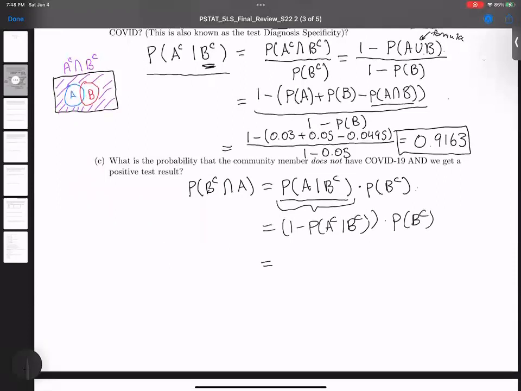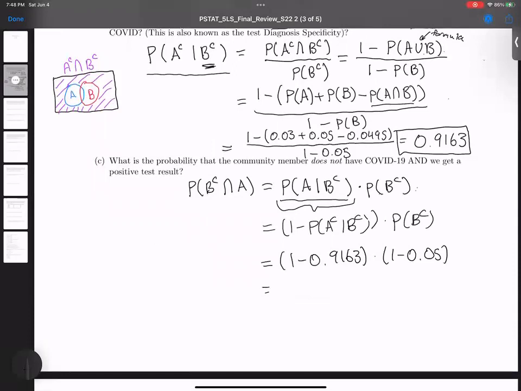So this is equal to 1 minus 0.9163 times the probability of B complement, which is 1 minus 0.05, because the probability of B is 0.05.